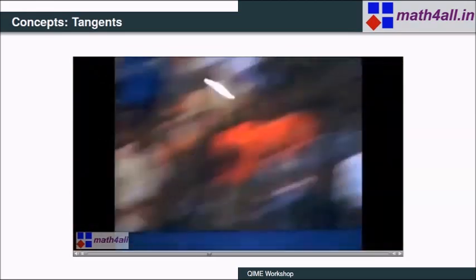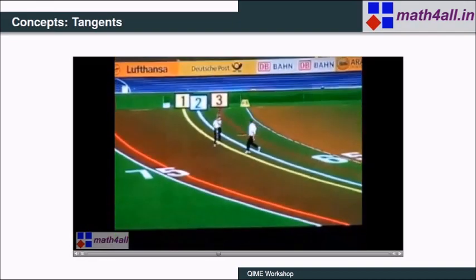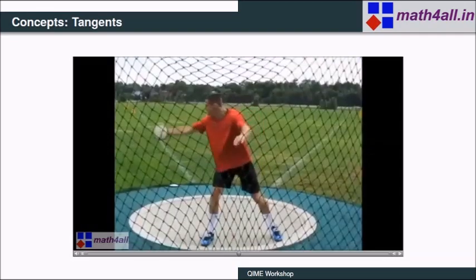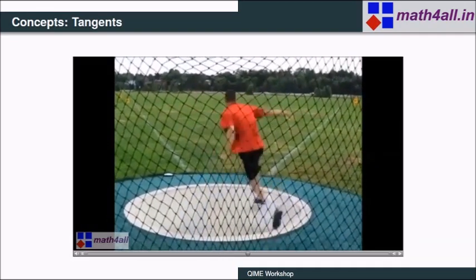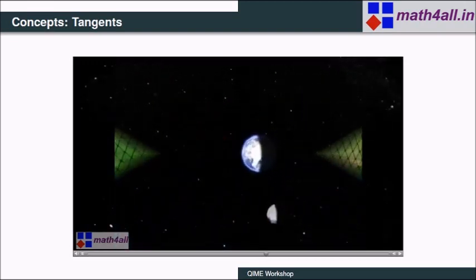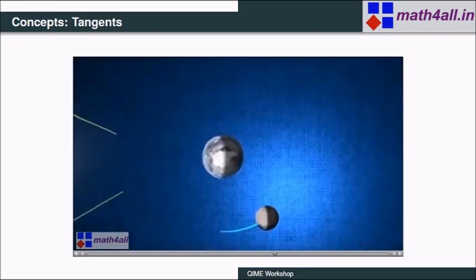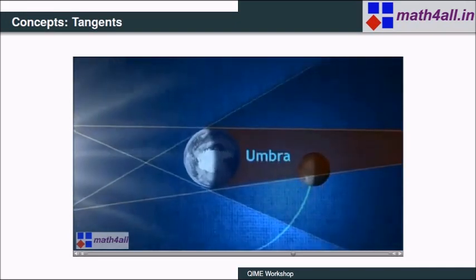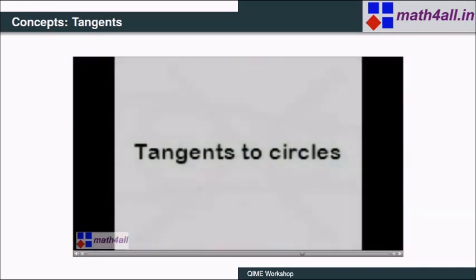You must have seen in mechanical devices a belt moving something, rotating something. So the belt is tangent to the object. Here when you throw it, the discus goes at a tangent to the arm circle created by the arm.